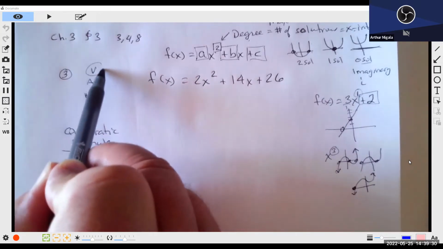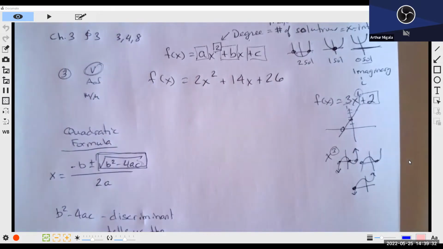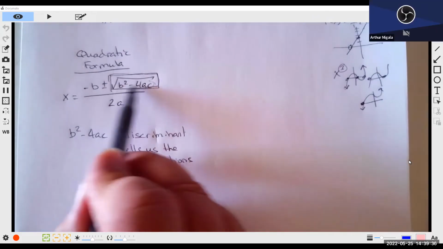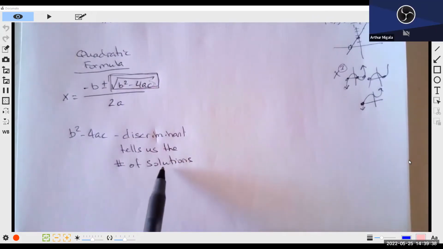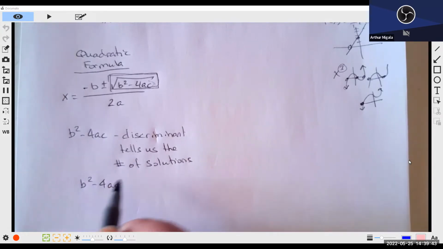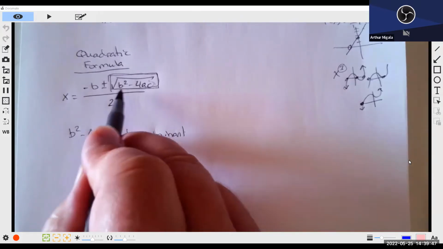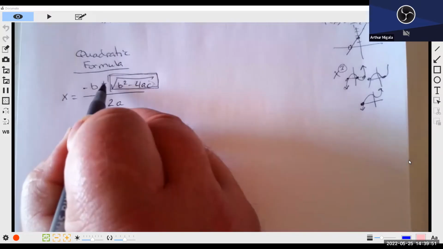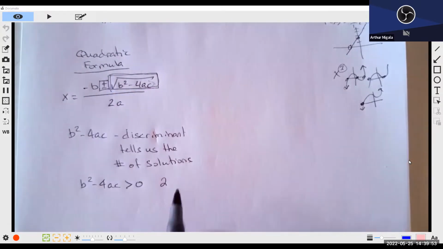We're trying to get to the formula for the vertex. What the discriminant tells us, this part here, is the number of solutions we're going to have. If this number is positive, that means we can take a square root of it. That means we'll have 2 solutions because there's a plus or minus in front of it.